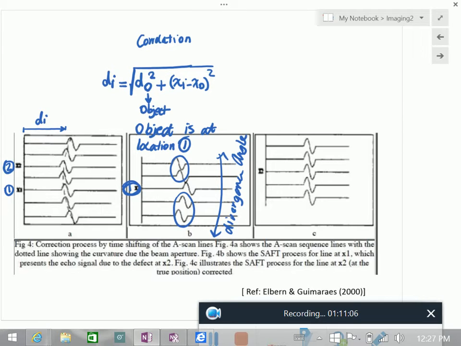If we take, instead of x1, the correct location x2, and we correct for the shift just because of the lateral distance from the real object, if we calculate the correlation, because everyone is aligned nicely, you get a maximum correlation. This is the essence of the algorithm. Think about it for a little bit, see if you have questions. Now it's just a concept.